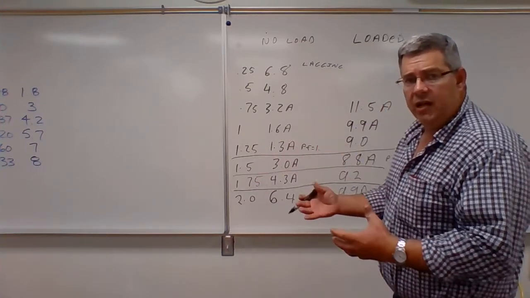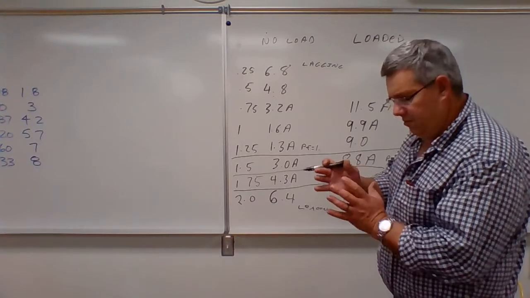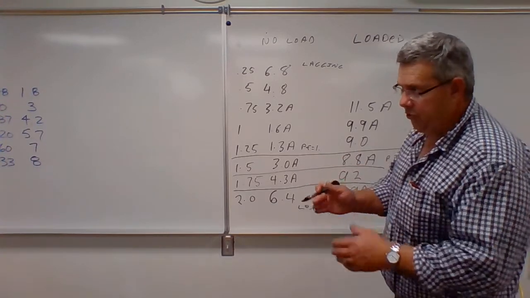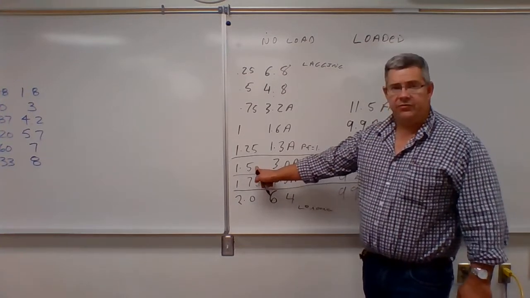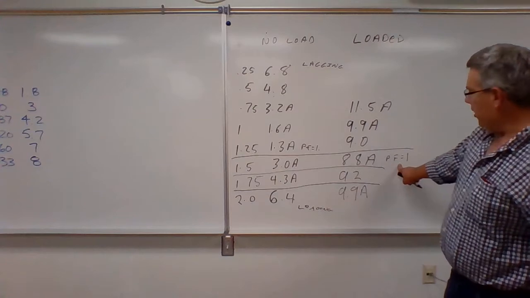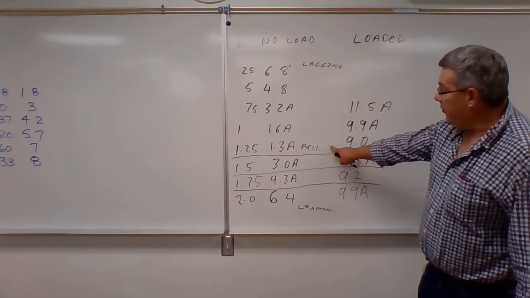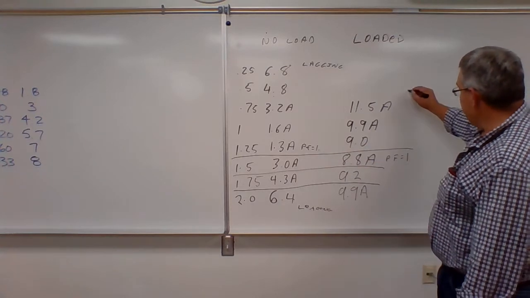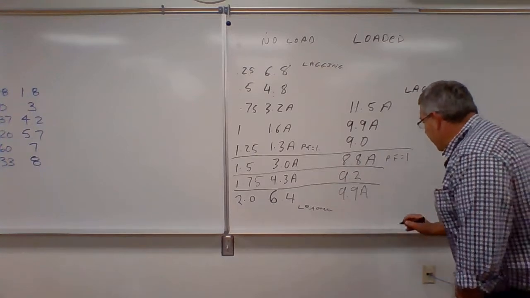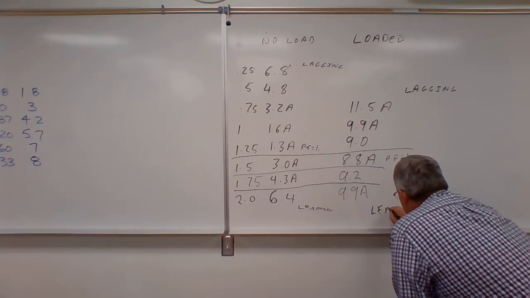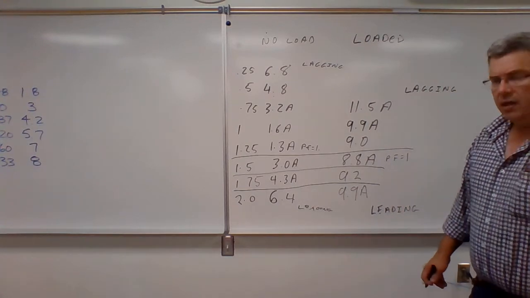Because of that extra load, in order to hold the torque angle and the magnetic link, we needed an extra 1/4 amp of field current. So that's why our unity power factor now happened at 1.5 amps of field current rather than 1 1/4. Then as we go this way, we become more lagging, and on this side is leading.